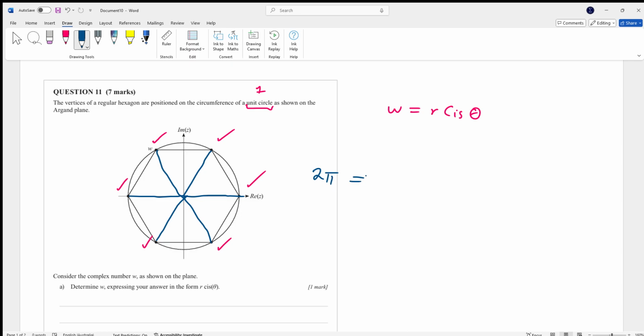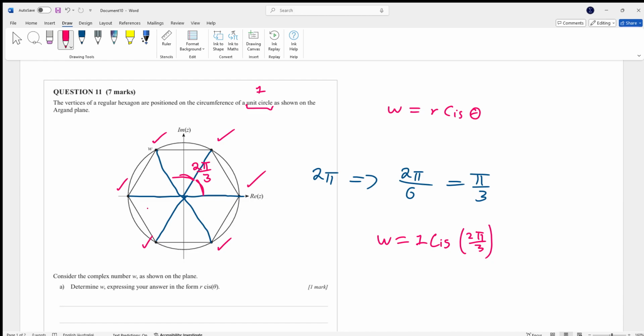So each of them will be separated by 2 pi over 6, aka pi over 3. Now, because we know one of these sections is pi over 3, W is exactly 2 of these sections away. So this angle here is 2 pi over 3. So W, our complex number, is 1 cis 2 pi over 3, and that's all it is.